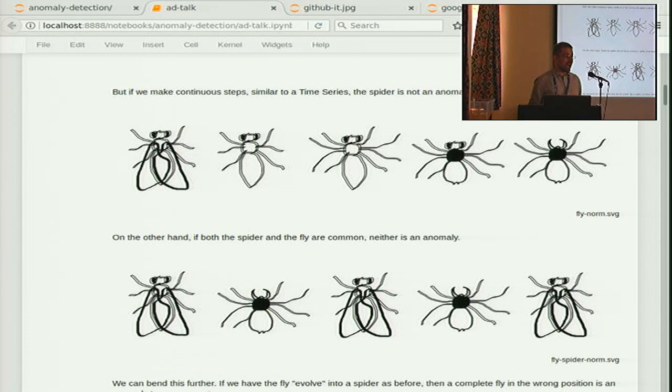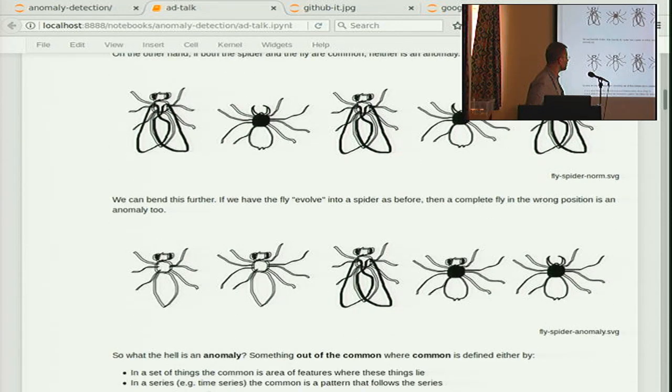Or even without evolution, here spiders and flies are a normal thing. Or even more difficult. Oh, I don't know this one. Actually, most likely the fly in the middle is the anomaly there. Humans are good at identifying anomalies, but we'll try now with some data that has more than 5 points.